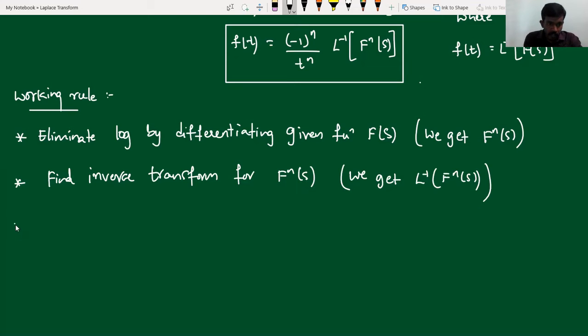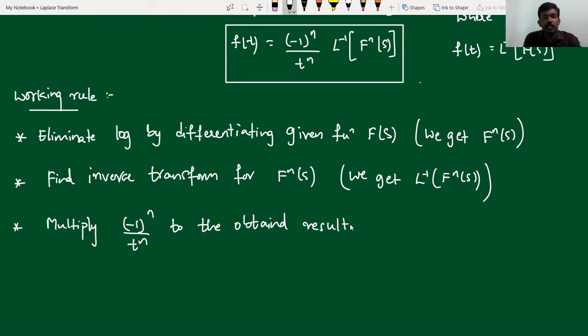Okay. In the very next step, we have to pre-multiply by minus 1 to the power of n by t to the power of n. So now multiply minus 1 to the power of n by t to the power of n to the obtained result. The obtained result means the result or the equation we get in the second step.